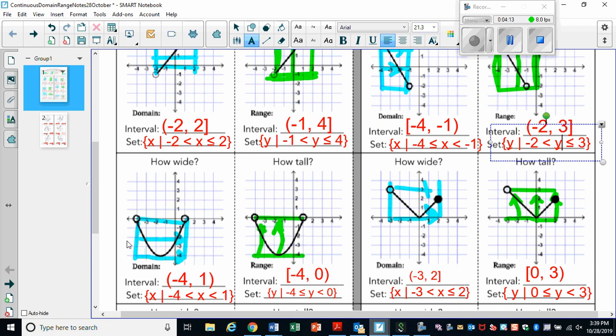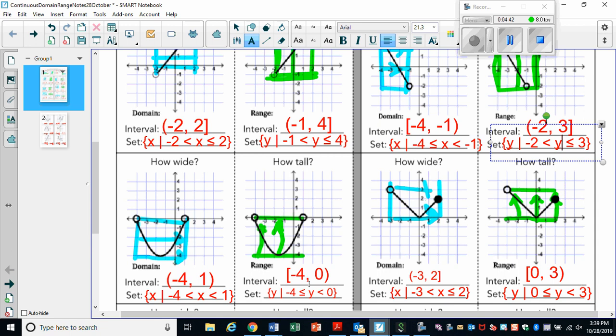This next problem, the width, we start at -4. Now it's an open circle, so we have to use a round parenthesis. And then we have an open circle at +1, so we also use a round parenthesis. And our set interval is from -4 less than x, less than 1.